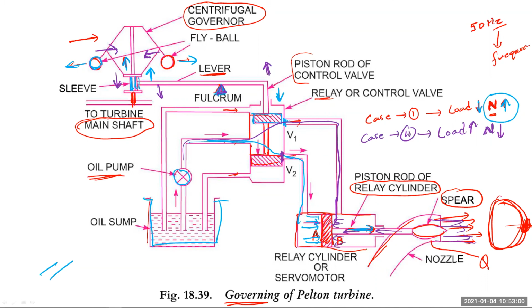So this will move in this direction and this spear will move backside, and more amount of water will go and strike the blades of your turbine. This is how the governing of your turbine works.